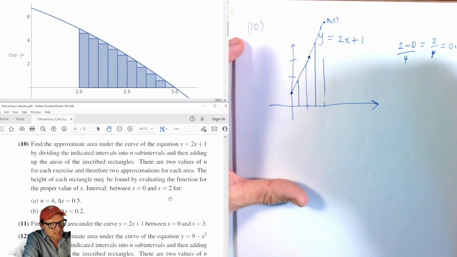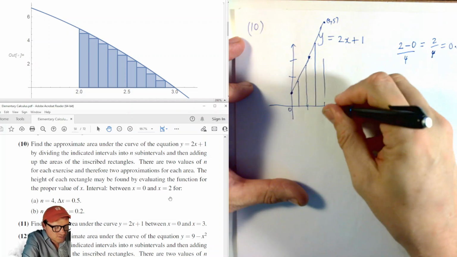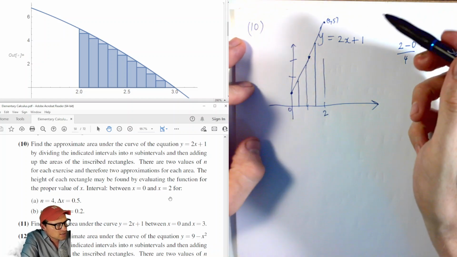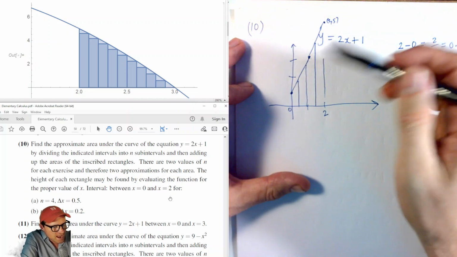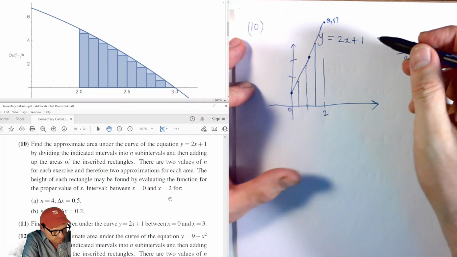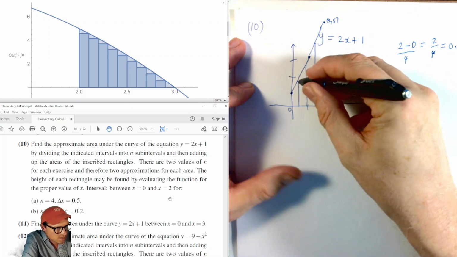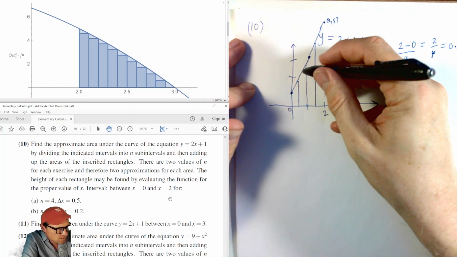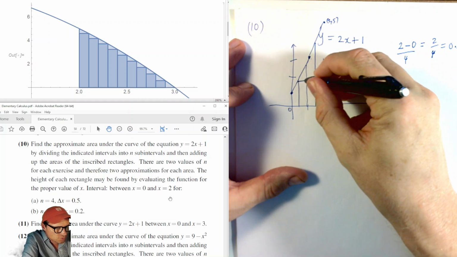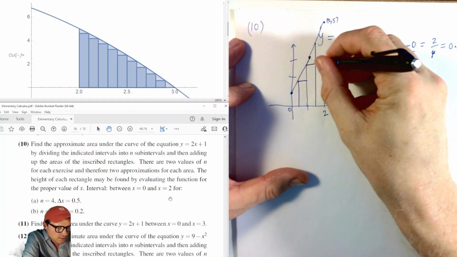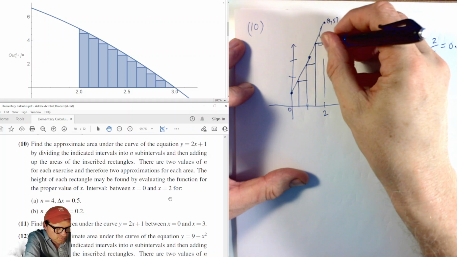So we have a step size of 0.5 here. Let's label the 0 and the 2. Okay, and so we're asked to, we are inscribing rectangles, and so we draw little rectangles here at each of these steps.